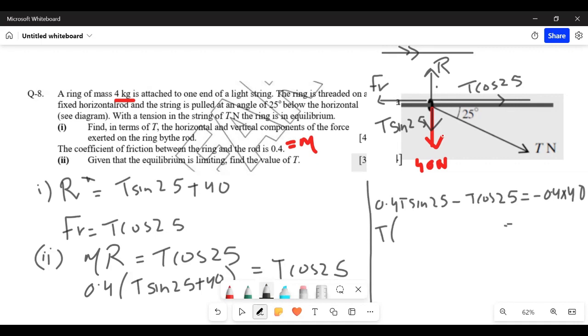I can take T common, so 0.4 sine 25 minus cos 25 equals minus 16. What is 0.4 into 40? Yes, 16. Okay, now tension equals minus 16 over 0.4 sine 25 minus cos 25.